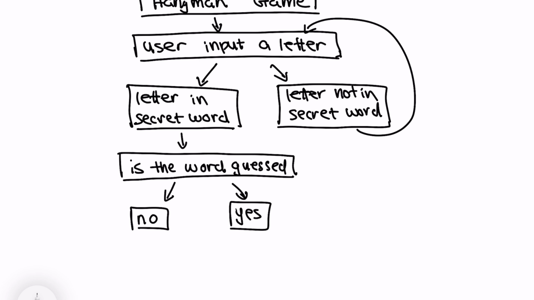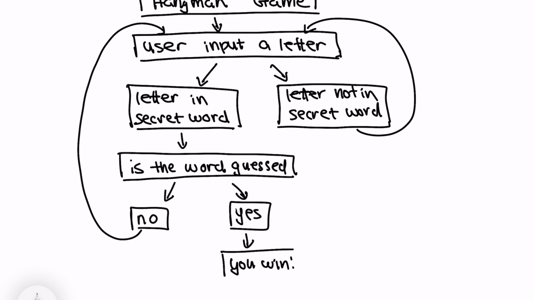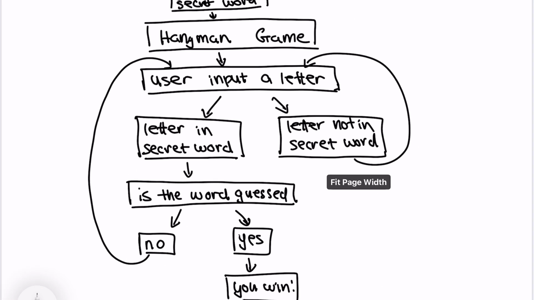If it has not been guessed, then we go back to the input again and let them input another letter, and it goes in this loop. But if the word is guessed, then the game ends and you win. So basically right here, there's going to be a loop.